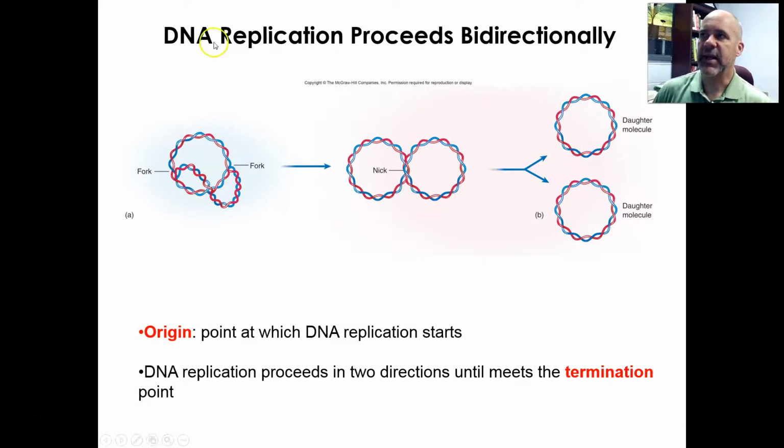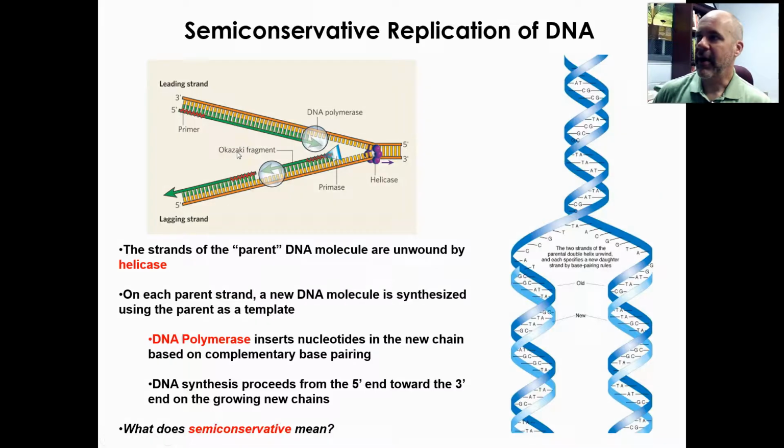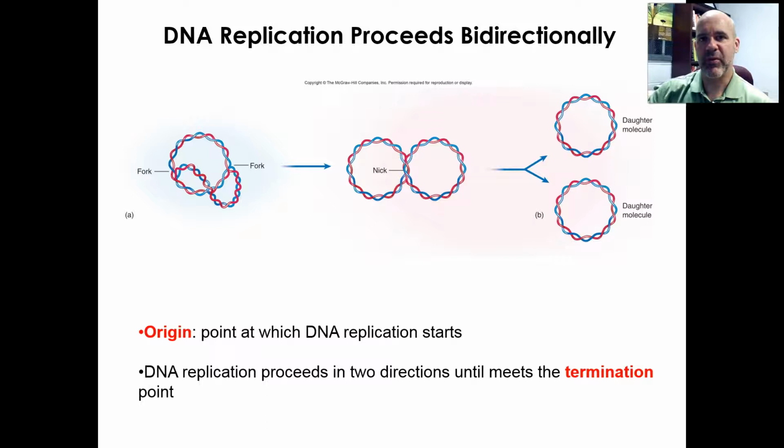Here's another concept. DNA replication proceeds bidirectionally, in two directions. And so what that really means is you're starting off with a circular DNA molecule, and all this business you see over here where DNA polymerase enzymes are making a new strand here, and over here they're doing the little Okazaki fragments to build the other new strand, that is going on in two directions.